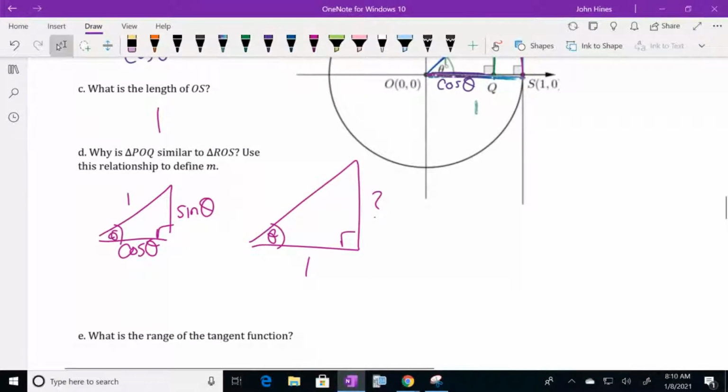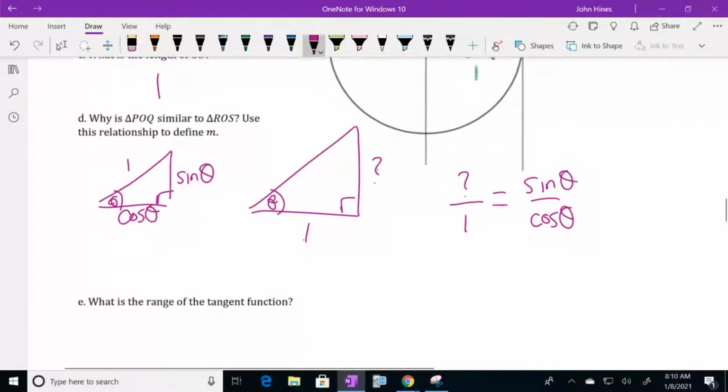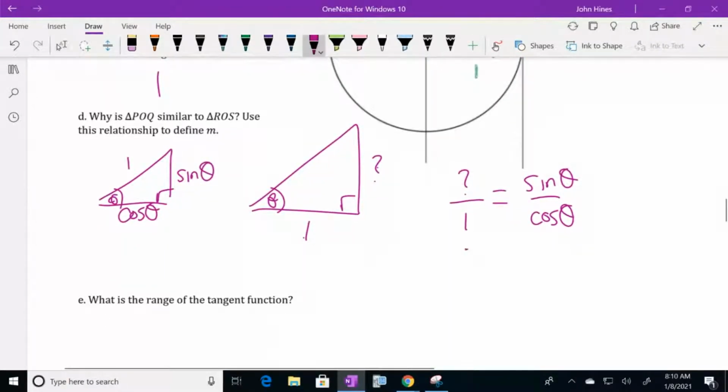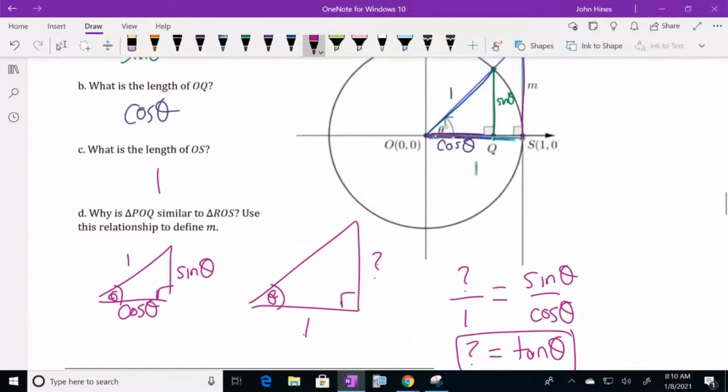So, since they're similar, I can set up a proportion. Question mark over 1 equals sine over cosine. So what this tells me, well, anything divided by 1 is just itself. That question mark there is tangent. Sine over cosine is the tangent of theta.